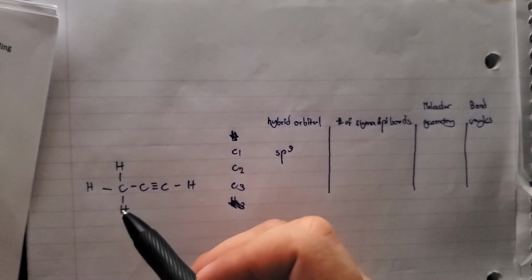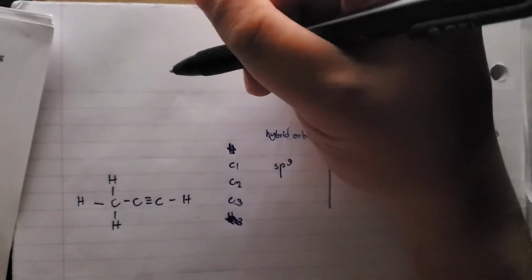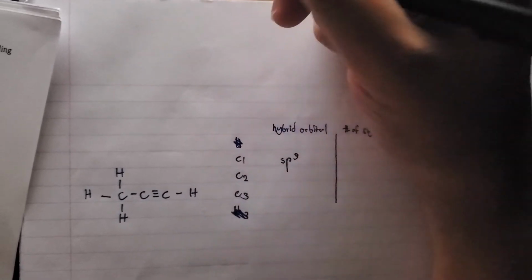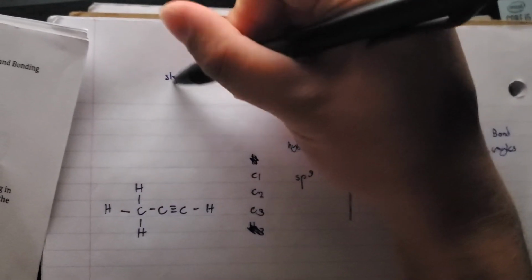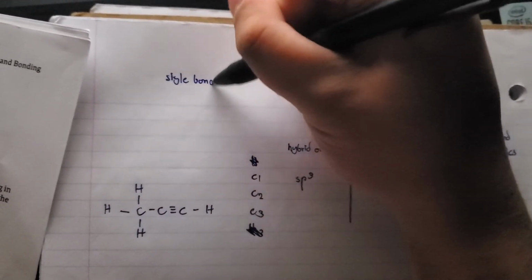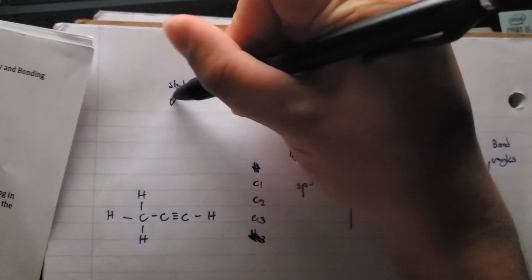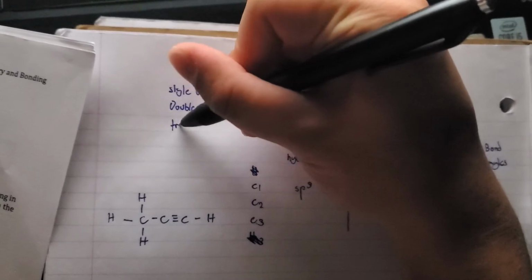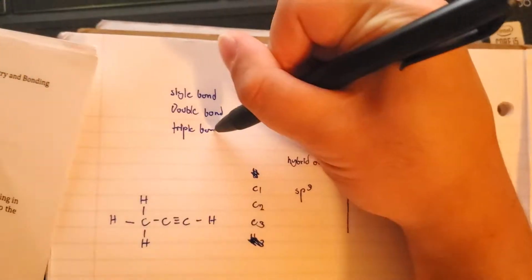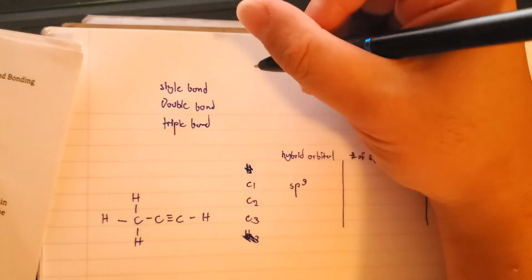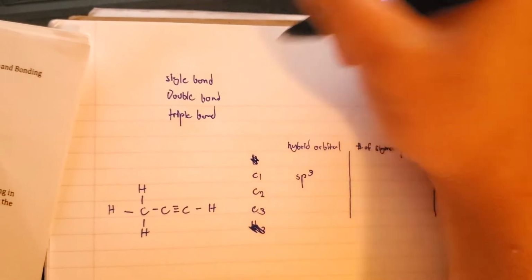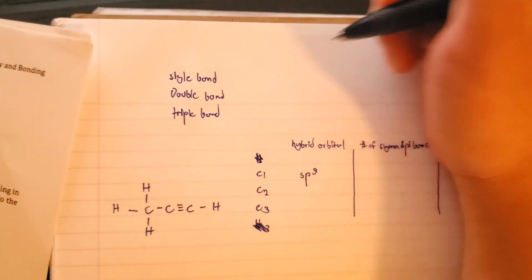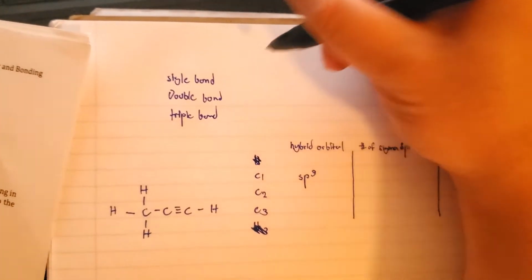I'm going to tell you how many sigma and pi bonds there are for each.